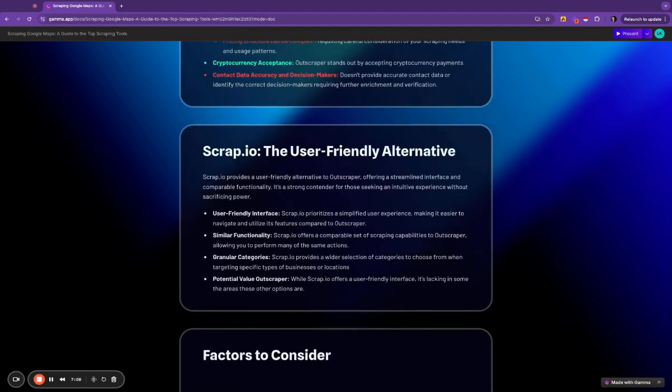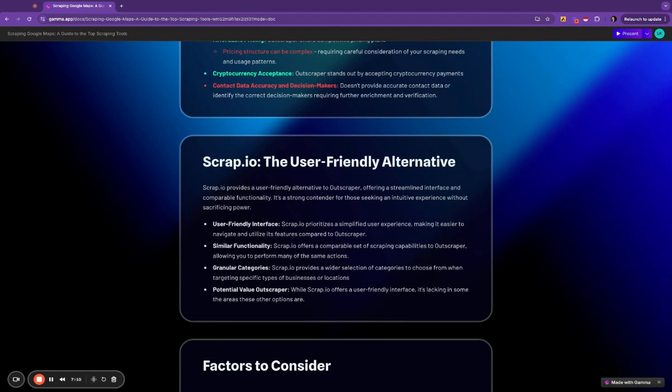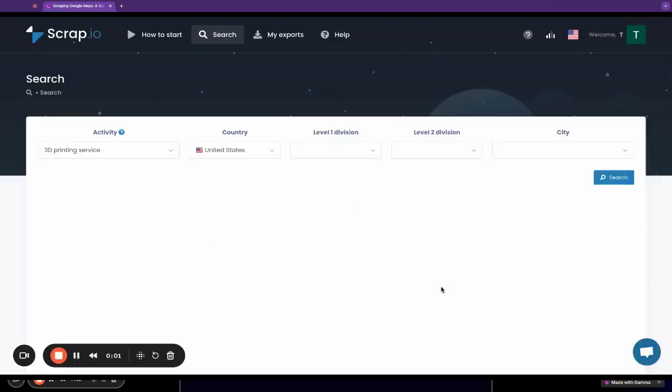And then that's the main ones, but there's an honorable mention with scrap.io for the fact that it's a really easy interface to work with. It's really easy to use, and I would say it's got as many categories or business types as Outscraper, maybe even more.